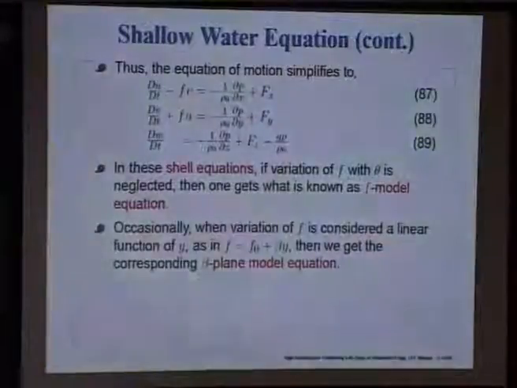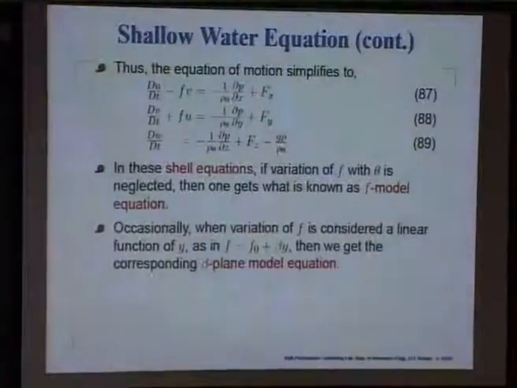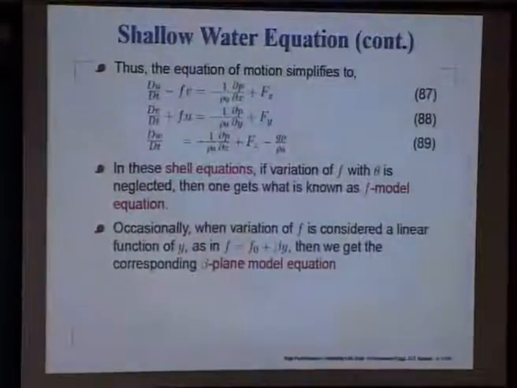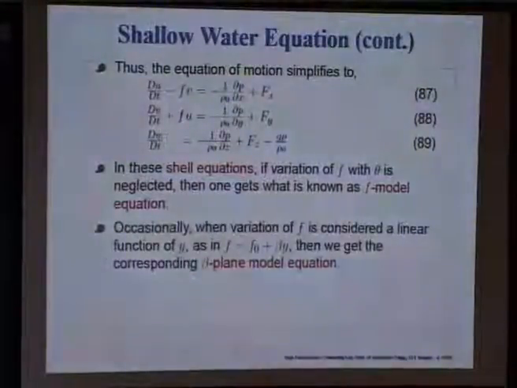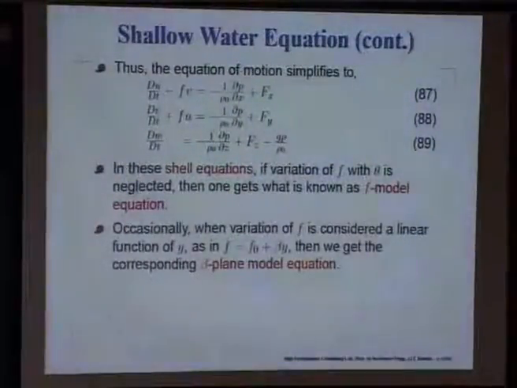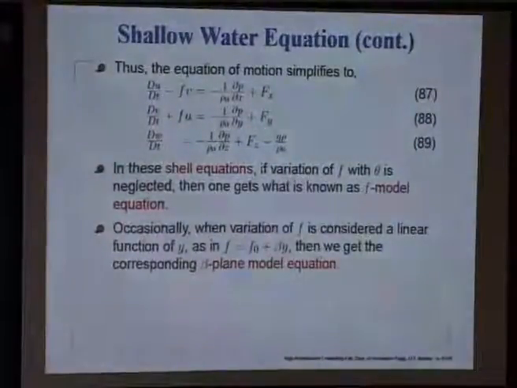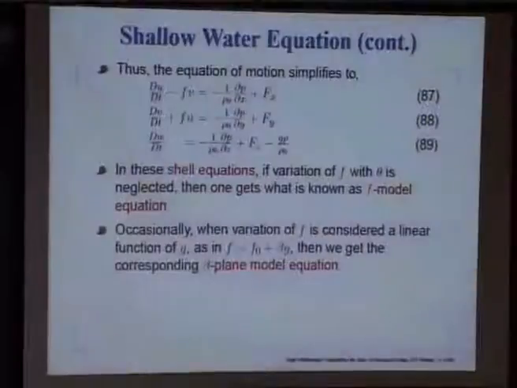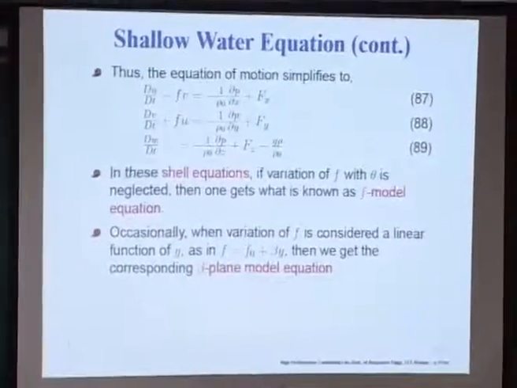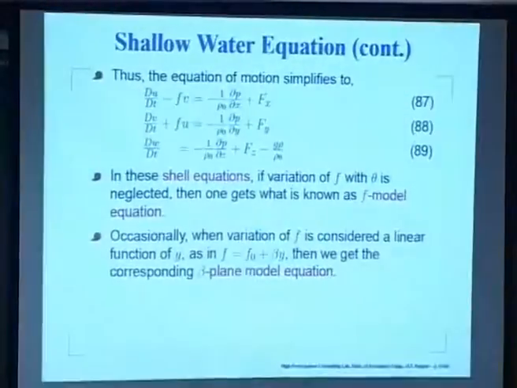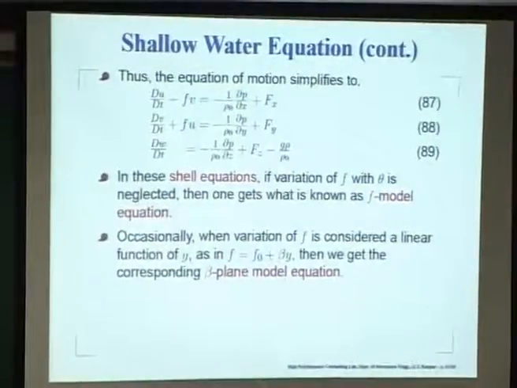Okay. When you are a little more adventurous, you want to look at a larger area where latitude varies significantly, then you can look at your central latitudinal position that determines the Coriolis term f naught. To that you add the variation of this f with the y direction. Okay.